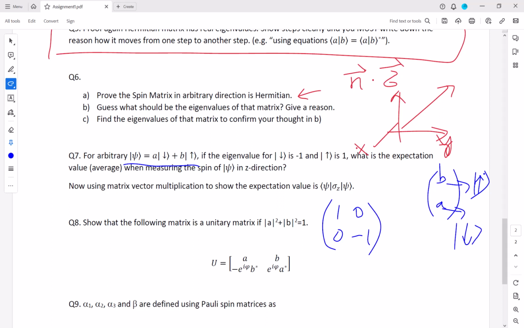What is the bra version of this vector? Is it row or column? How do you write this one? For this one, bra, is it a row vector or a column vector? This is the column vector. It's a row vector, right?